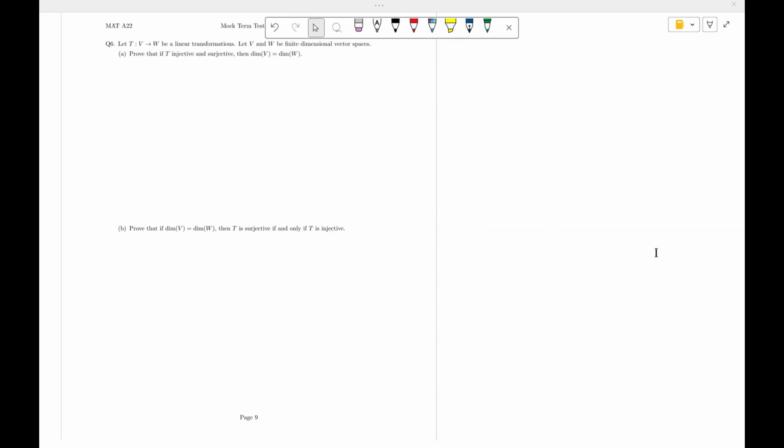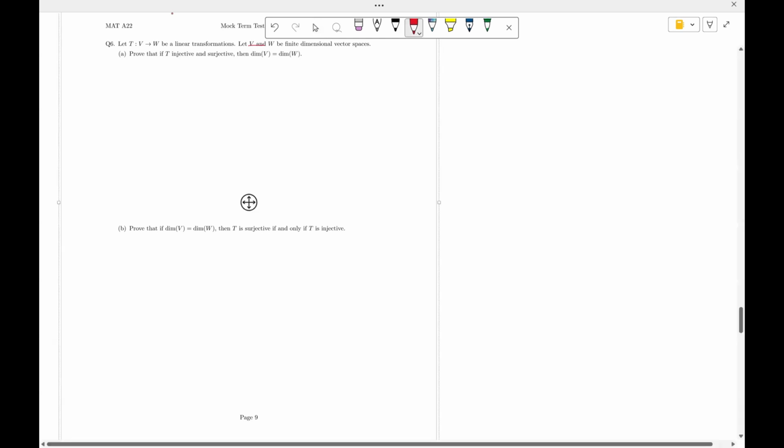This question really hinges on the rank-nullity theorem. So in this question, we have a linear transformation, and V and W are both finite dimensional.